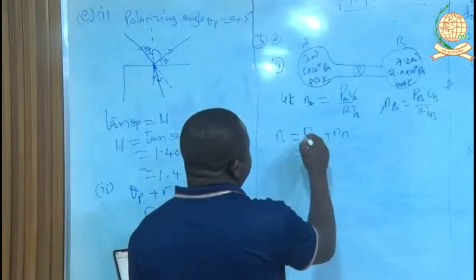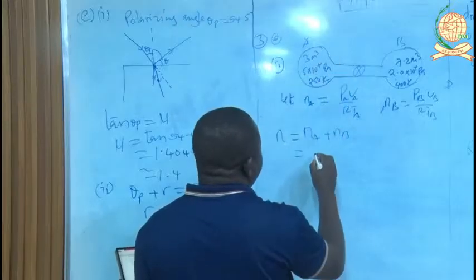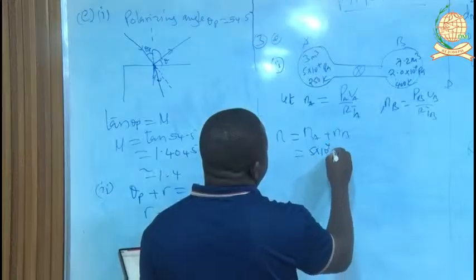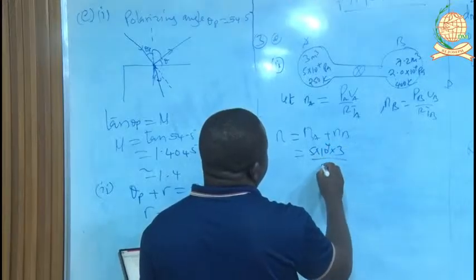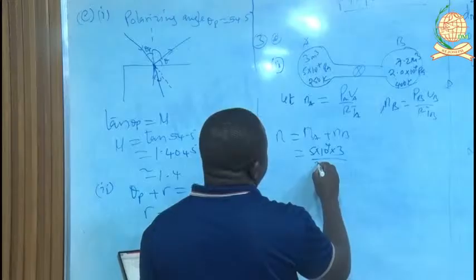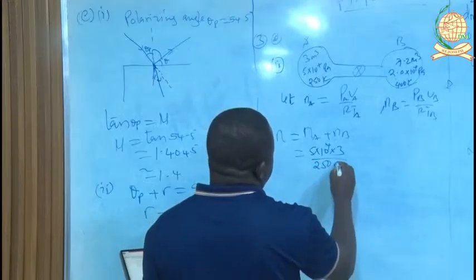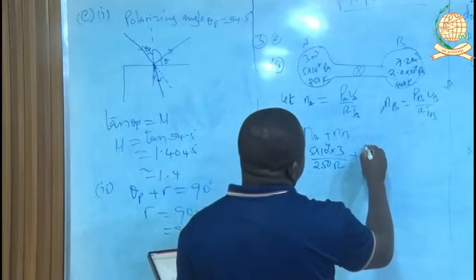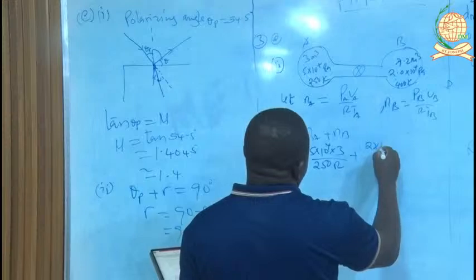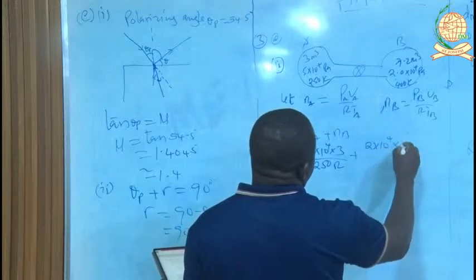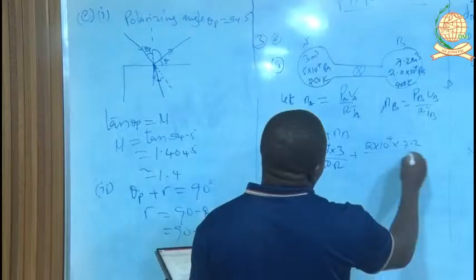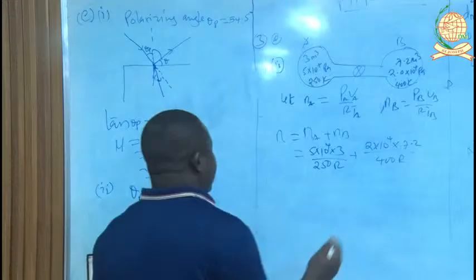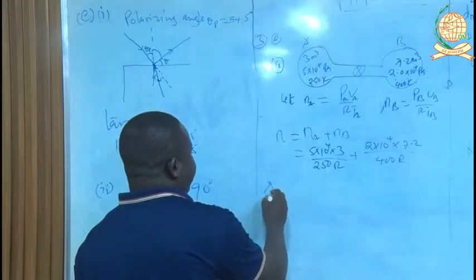For the N1, here I can calculate because everything I have there: 5.0 times 10 to the 4, volume is 3, temperature is 250 R. This one, pressure is 2 times 10 to the 4, volume is 7.2 over 400 R. You get the answer.